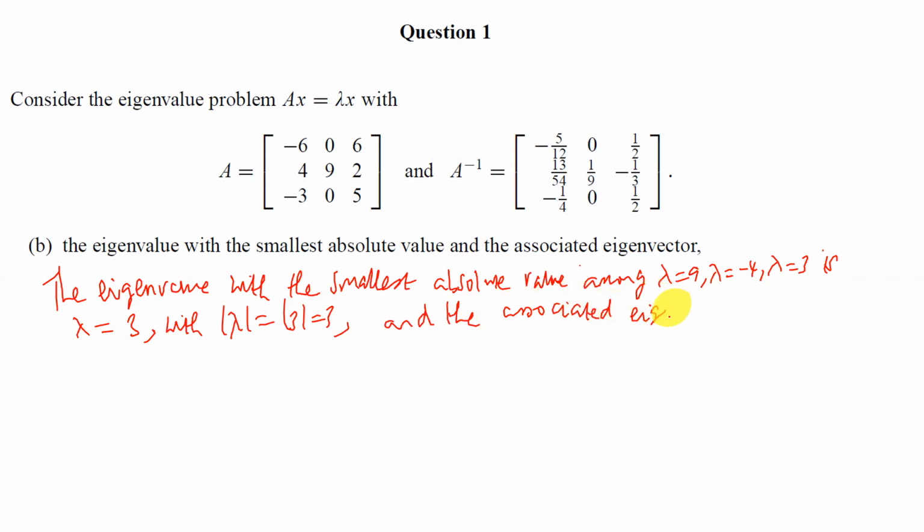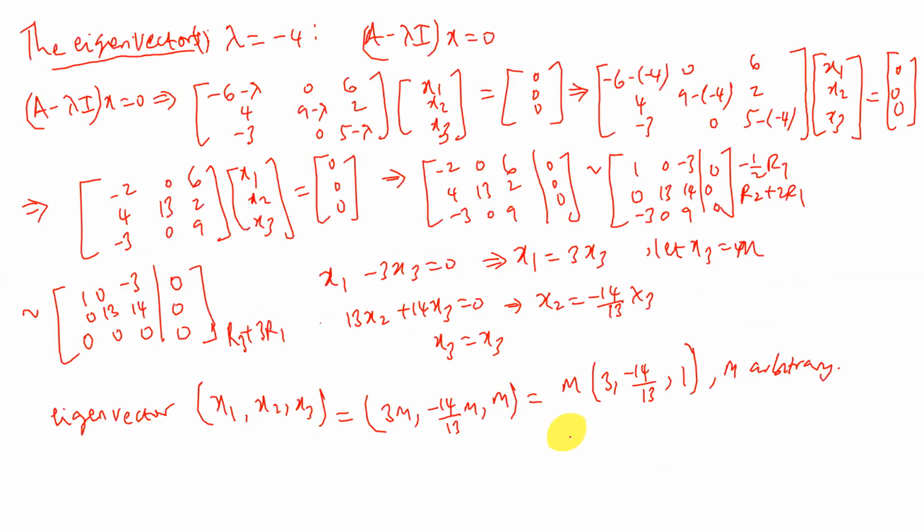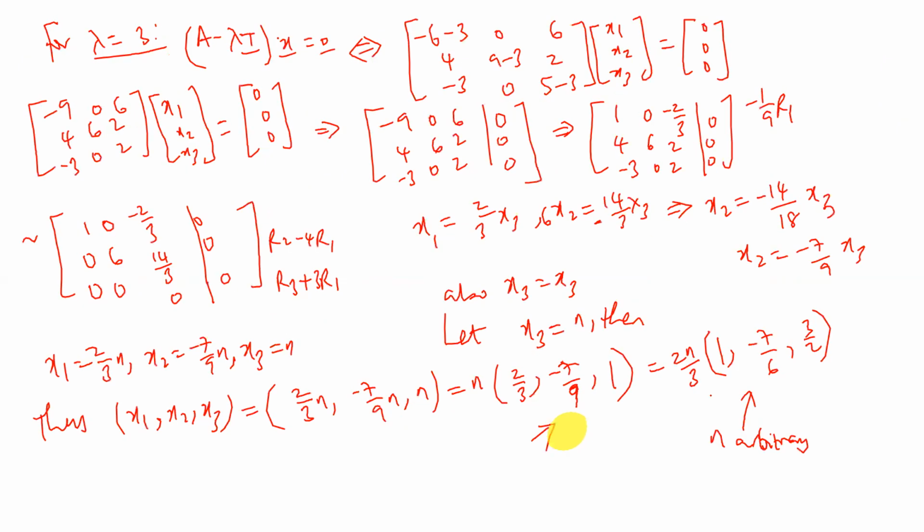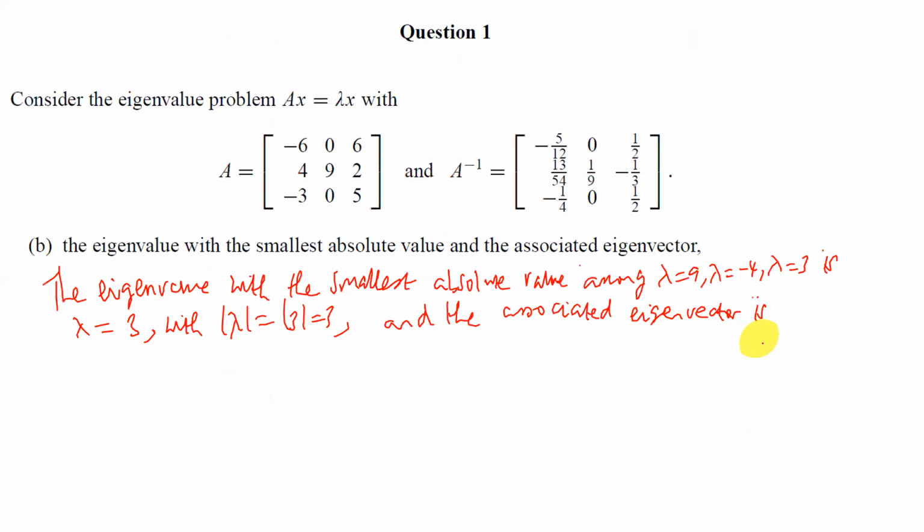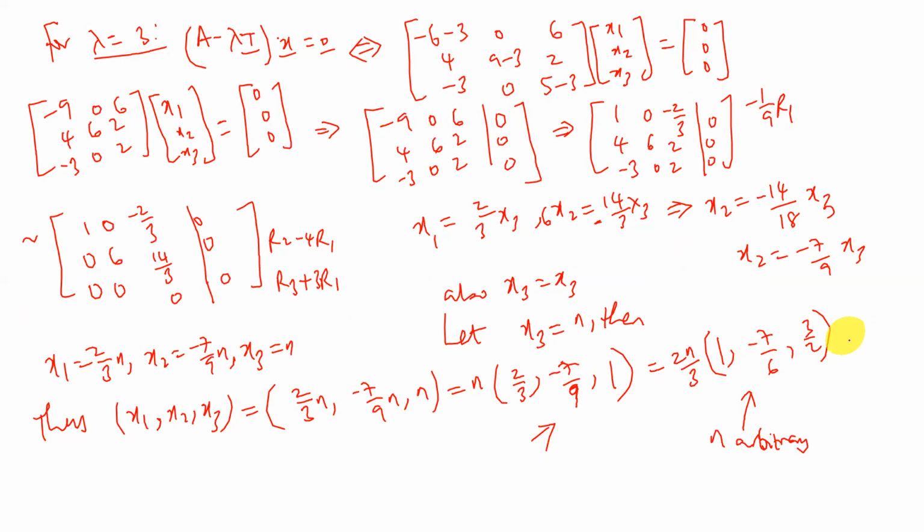okay, then we speak about the power method. For lambda equals 3, what is the eigenvector? Right, the eigenvector is 1, minus 7 over 6, 3 over 2.